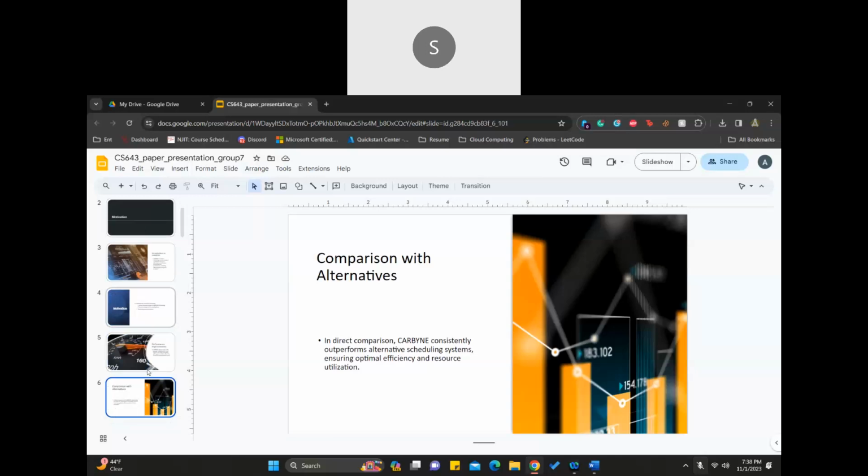Okay, on this slide we make a comparison with alternatives.